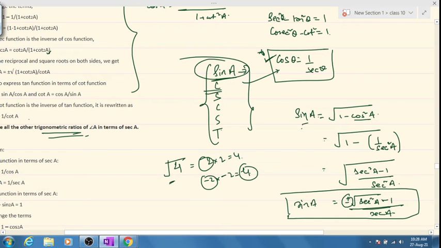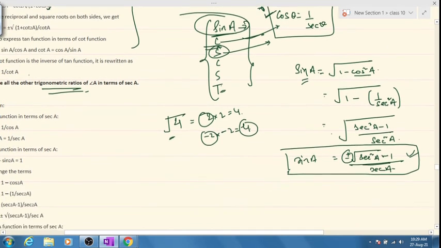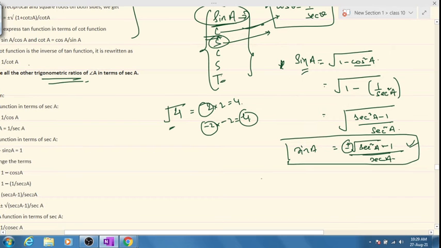Now sin A has easily been converted into sec A. Cos is also converted into sec, and sec obviously you don't have to convert because it's already in sec. How will you convert tan? No, this is there in the formula. Yes, everyone. I hope sin has been converted. Now cos A can be written as 1 by sec A, right?